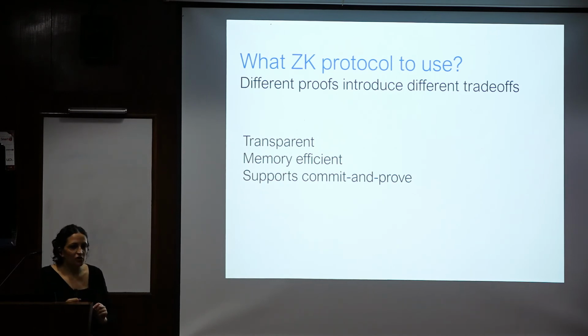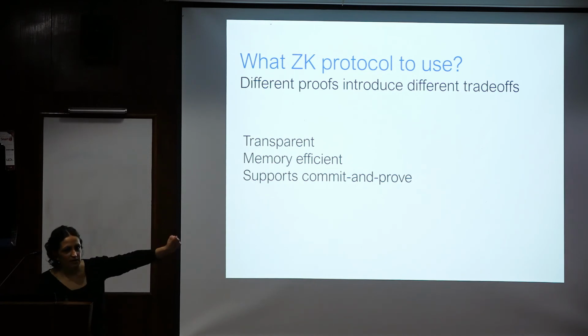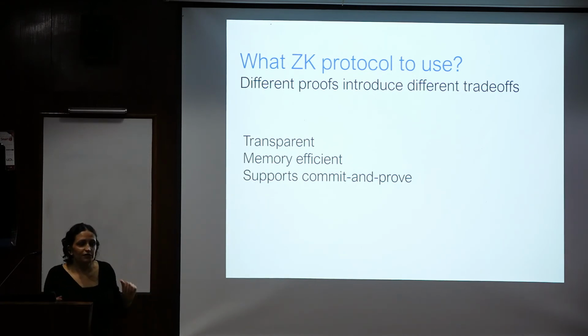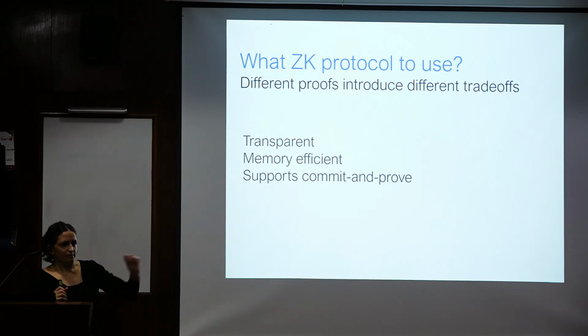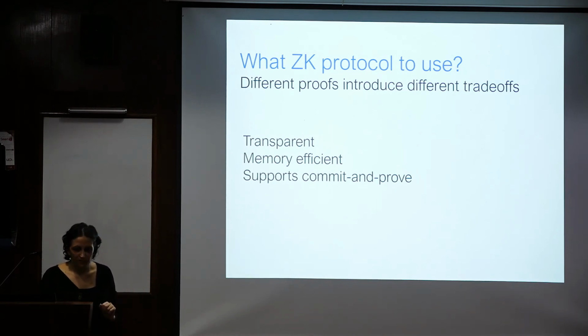This feature is important because, as I mentioned before, in the GMW paradigm the parties first commit to their randomness, and then prove all their actions with respect to the randomness they committed to. So it must be designed to be very friendly with respect to this feature.